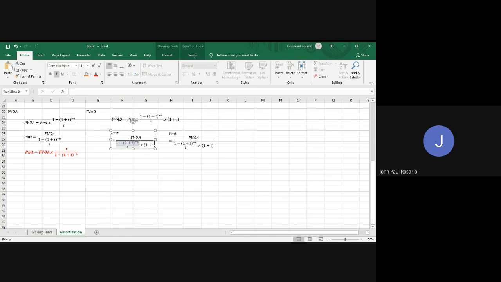Again, multiplication of fraction, so we can transfer this times 1 plus I to the numerator. We have to add a bracket here.